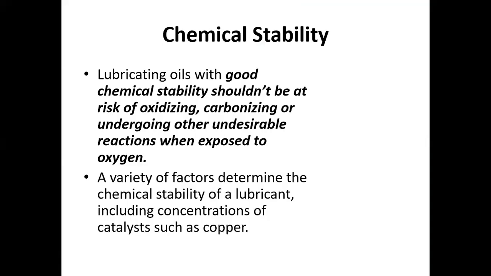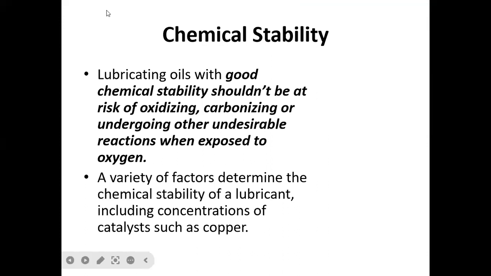Chemical stability would be the next chemical property of our lube oil or lubricants. Lubricating oils with good chemical stability shouldn't be at risk of oxidizing. Generally, they are stable. They are not easily corroded or easily oxidized, carbonizing, or undergoing other undesirable reactions when exposed to oxygen.